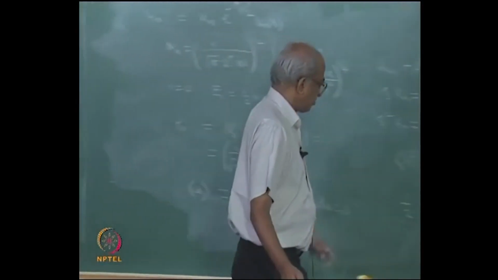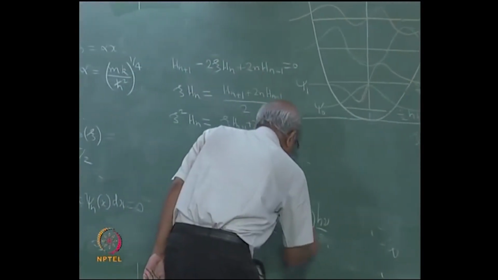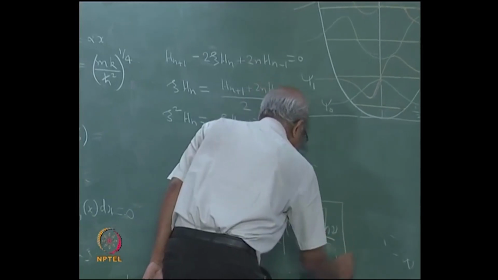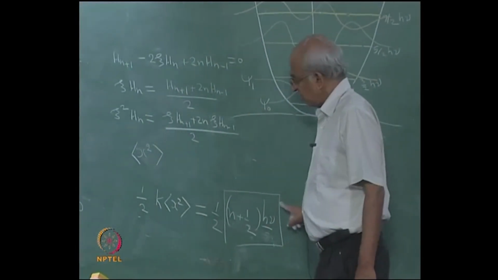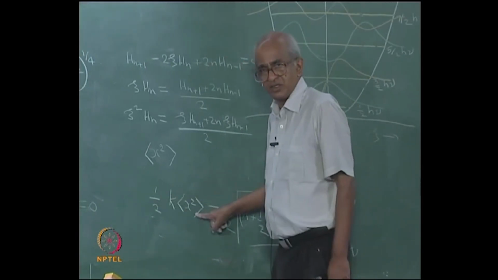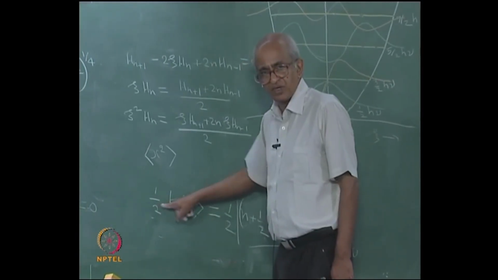You see, this is not very surprising, because n plus half h nu is the total energy of the system, and half k x square is the potential energy, the average value of potential energy.